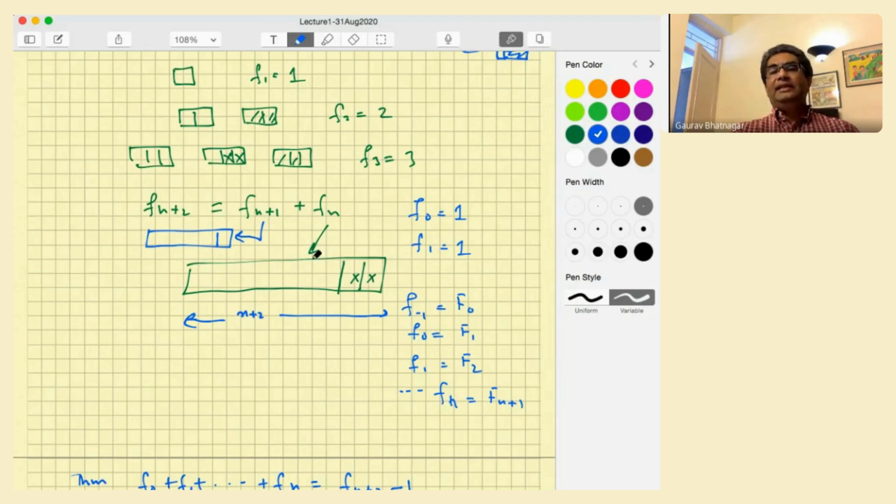Well, you can put any tiling in the remaining n squares. So that can be done in fn ways. And similarly, if it's a square, we know it's a square. To count the rest, we need an n plus 1 tiling. So this whole length is n plus 2, and so this much is n plus 1.